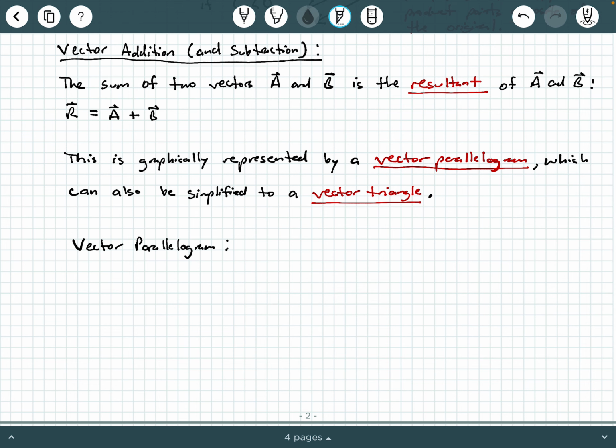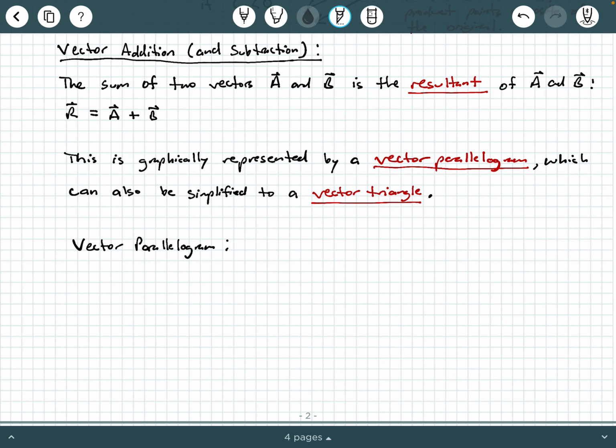The sum of two vectors, A and B, is sometimes called the resultant vector. So we can call that the resultant of A and B, and we write that as R vector equals A vector plus B vector.